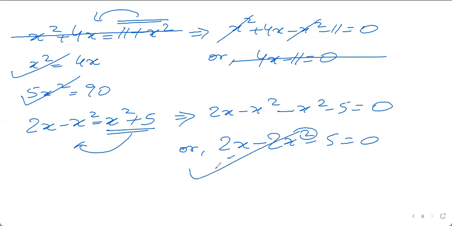So this is also a quadratic equation. So the only equation not a quadratic equation is this, which is a linear equation. So our correct answer is A. X square plus 4x equals to 11 plus x square is not a quadratic equation. It looks like a quadratic equation, but actually it is a linear equation.